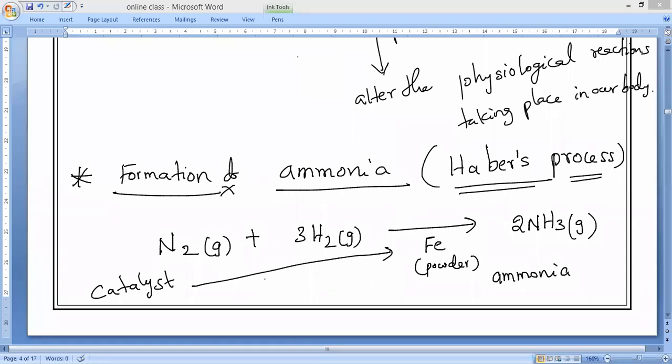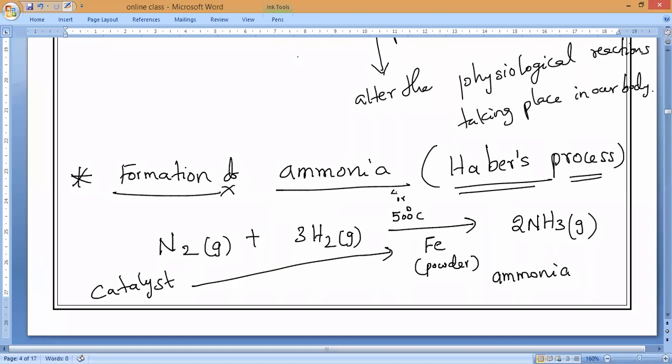Now, as I mentioned, this reaction won't take place easily; temperature is also required. What is the temperature? Please respond. You can represent the temperature above the arrow. The temperature required is 400 to 500 degrees Celsius, and the pressure is 200 atmosphere.